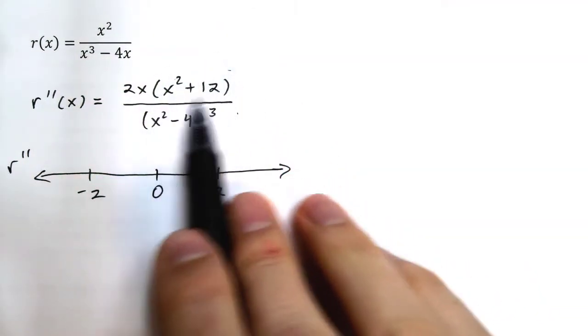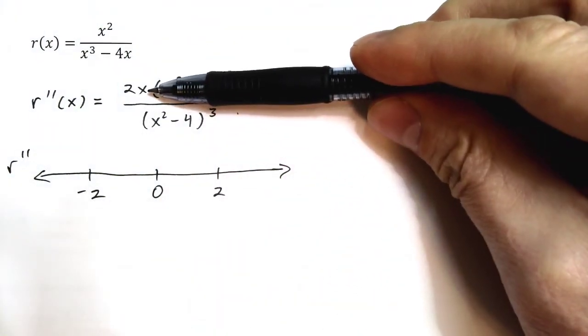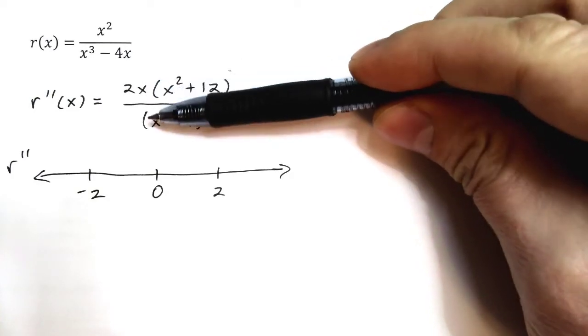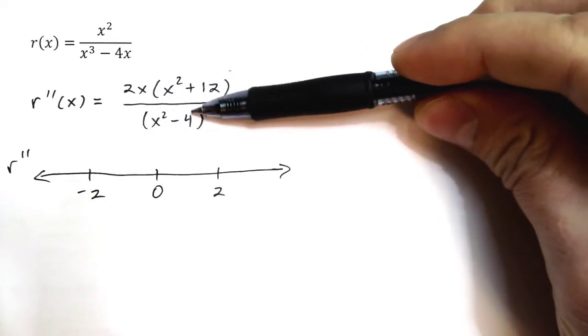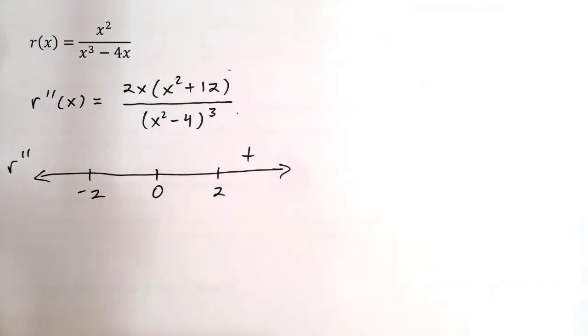In fact, this is positive and is never going to influence the sign of the expression. I can just ignore this for all these computations. So just look at the rest. The 2x is 2 times something positive. If x is greater than 2, this whole thing will be positive.